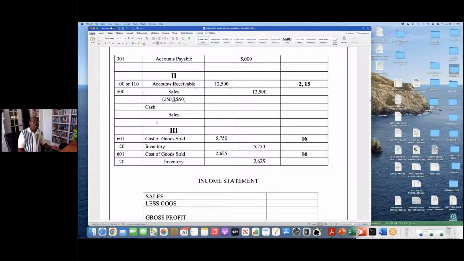So we're going to have what in this sale? 100 at 50, correct? So what's 100 times 50? 5,000? Yes.